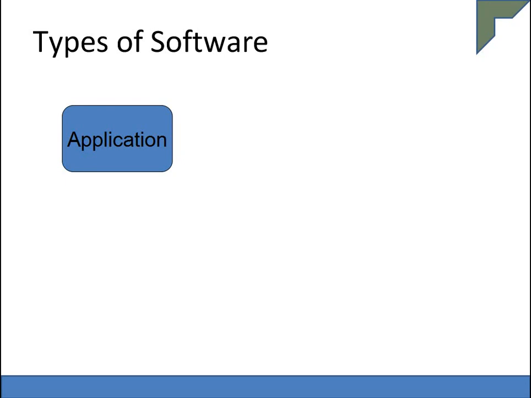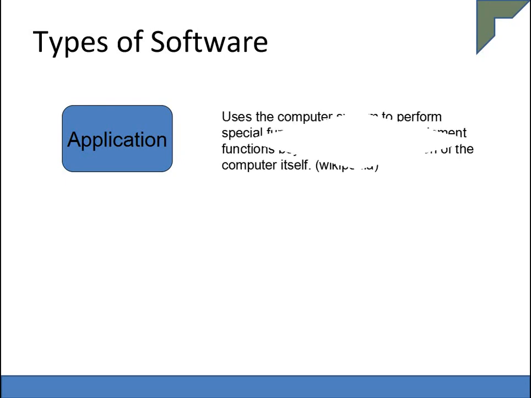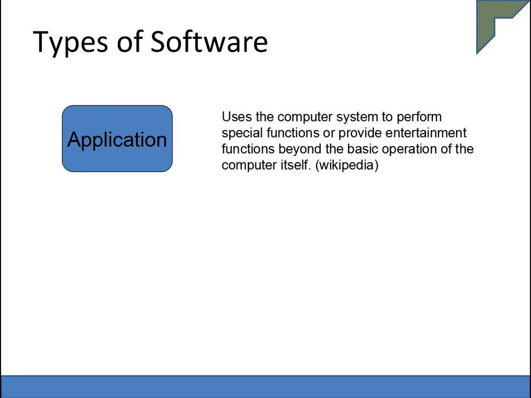Also, in a mobile you have certain apps. These use a computer system to perform a specific function or provide entertainment functions beyond the basic operation of the computer itself. So you could understand this, right?